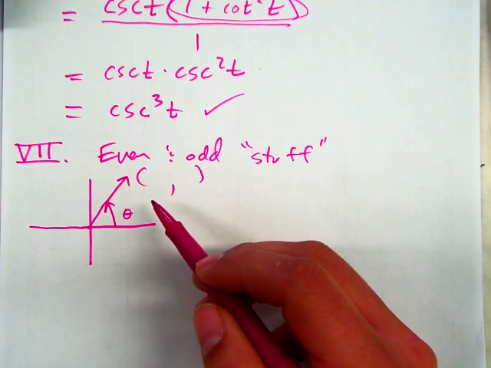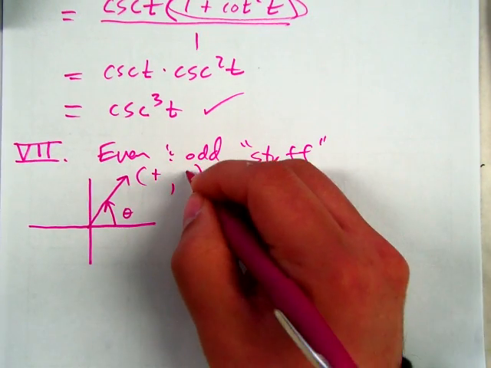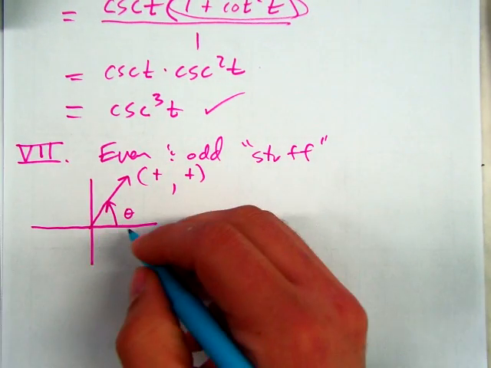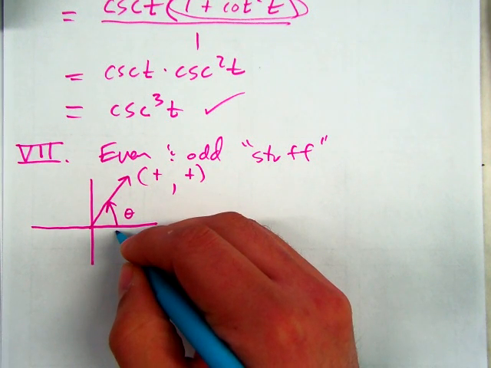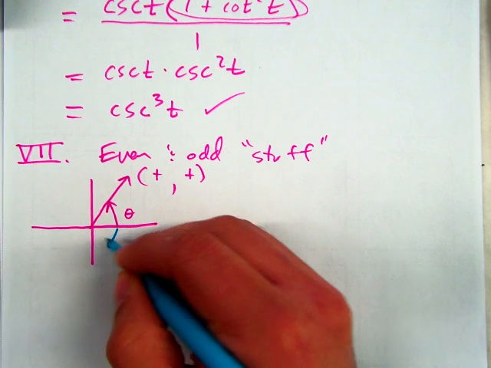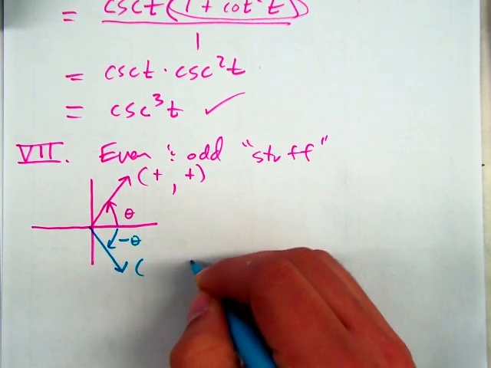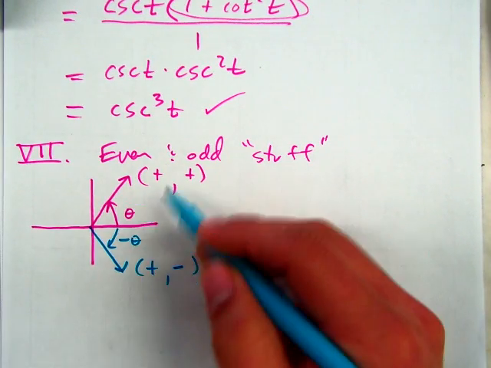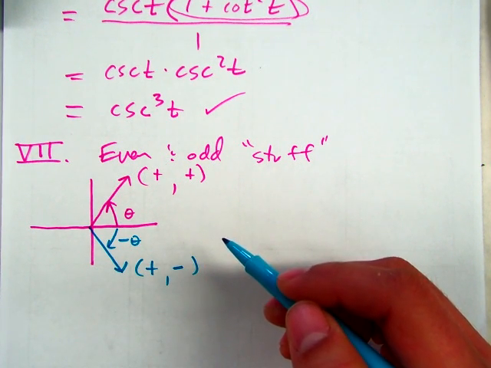Not what are they, but positives and negatives up here in the first quadrant. Plus, plus. Now on the same graph, how do I graph negative theta? Just in the fourth quadrant, opposite it, right? What do the coordinates look like here? Plus, minus. Can you guys remember this picture? If you remember this picture, then this is going to be very easy.